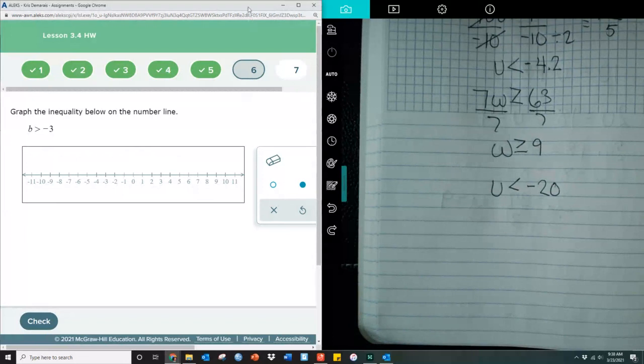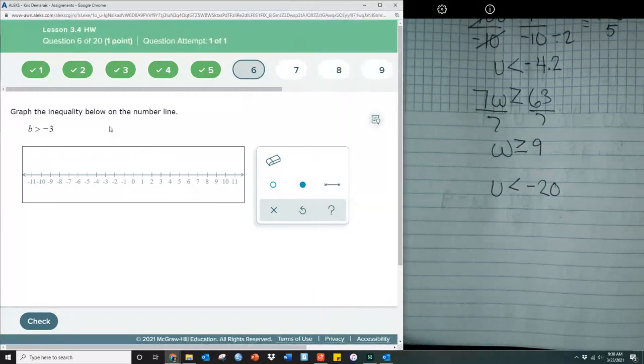Now, when it comes to inequalities, let's look at this from the perspective of graphing. We put an open circle when it's a less than or greater than symbol. So at the value indicated, which is -3, I'm going to put an open circle. Then I look at the inequality and see what direction it's pointing.